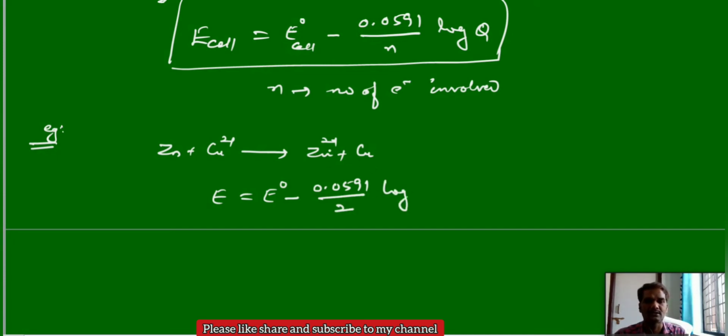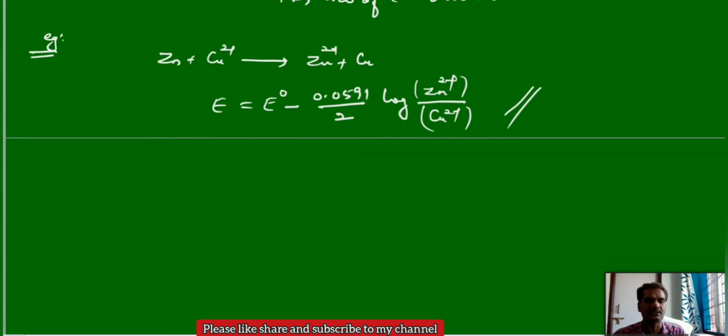Now concentrations of products, what are they? Zinc 2 plus concentration by copper 2 plus concentration. Copper is a solid. For a pure solid, the concentration is unity, so no need to take it here. And again zinc, the concentration of zinc is unity, and the concentration of copper 2 plus. These are the ions. So this is the Nernst equation for this Daniell cell.